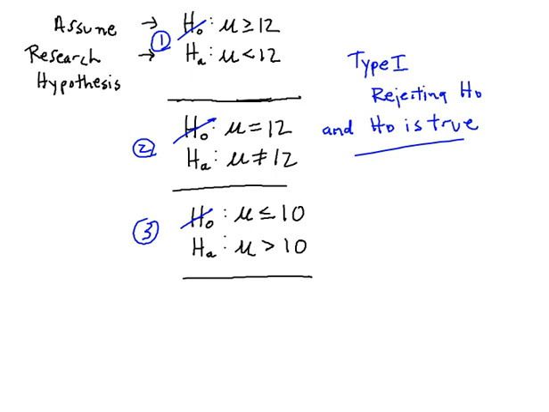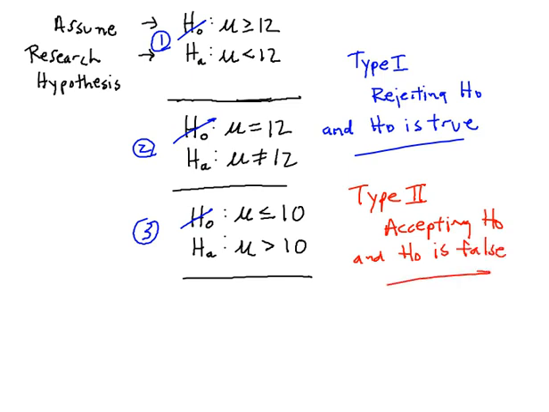Another type of error would be type 2. Type 2 error is accepting the null hypothesis, and the null hypothesis is actually, in reality, false. Again, that's another type of testing error that could happen.